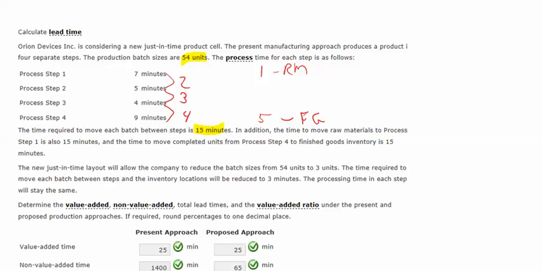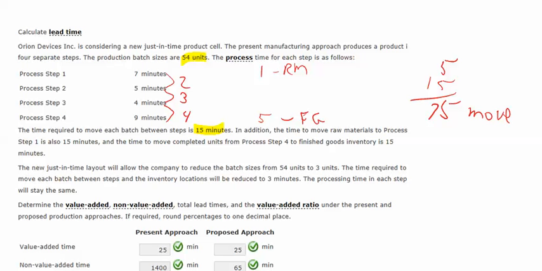So we have a total of 5 moves. In these 5 moves, 5 times 15 minutes is 75 minutes. So we have 75 minutes of move time.